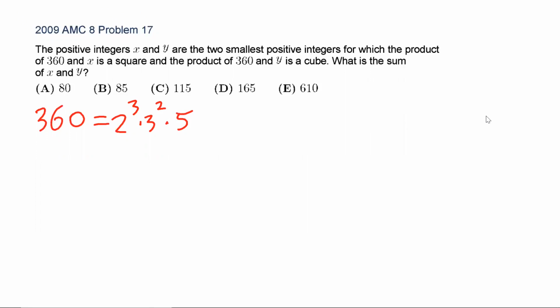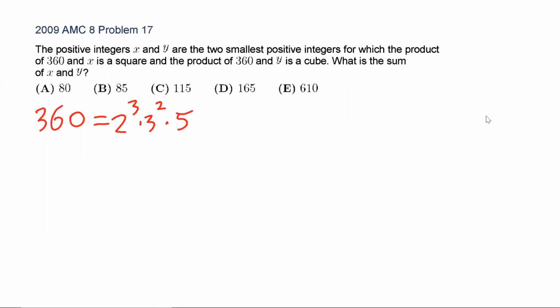And that looks to be correct. So here we have a prime factorization of 360. And in order for something to be a square, all of its powers have to be divisible by 2. And in order for something to be a perfect cube, all of its powers have to be divisible by 3.